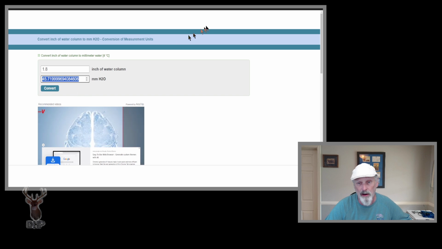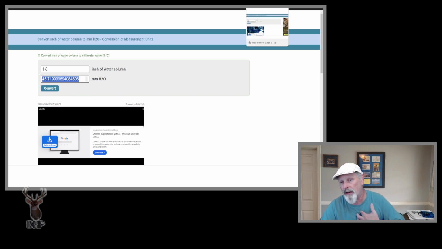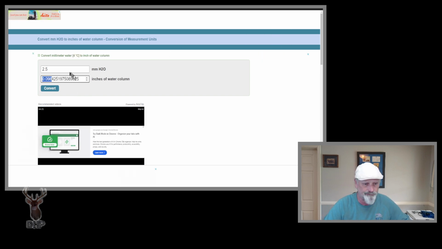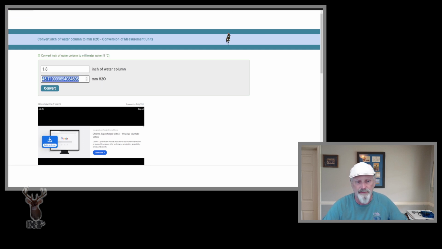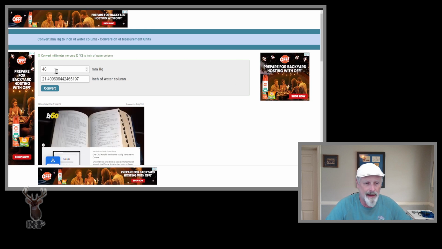And what can we breathe? What can the lungs put out? Well, this isn't still in water. Let's find one in terms of millimeters of mercury. Okay, here we have it.